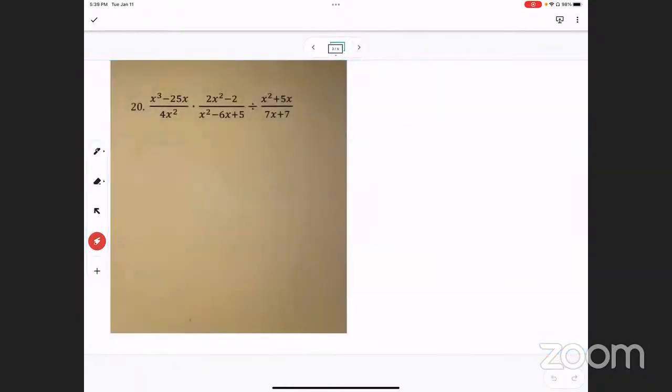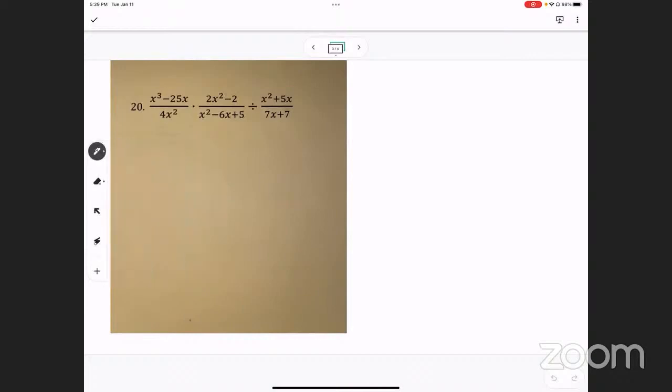This is different. This is where you're going to have to do some factoring, but then you're going to want to cancel out common factors on the top and the bottom. So first of all, let's just do a similar type of problem over to the right.